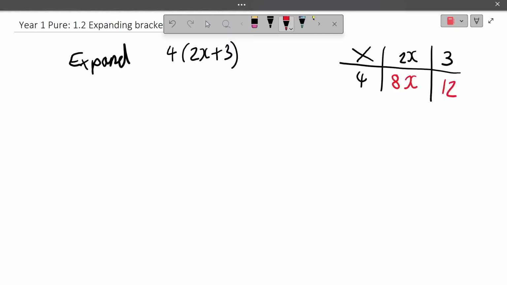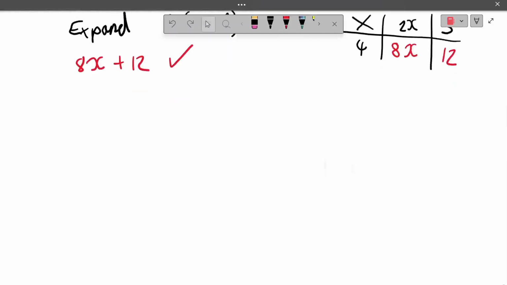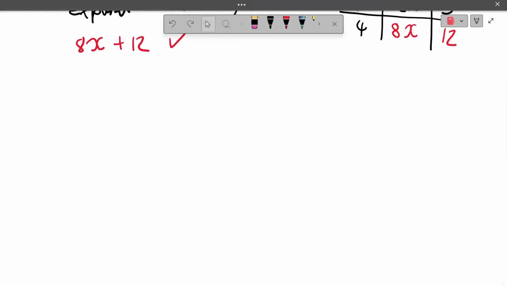You kind of treat them separately, but I like using the grid, and then we effectively just add it together. So you get 8x plus 12. Boom. So what about the next bit?